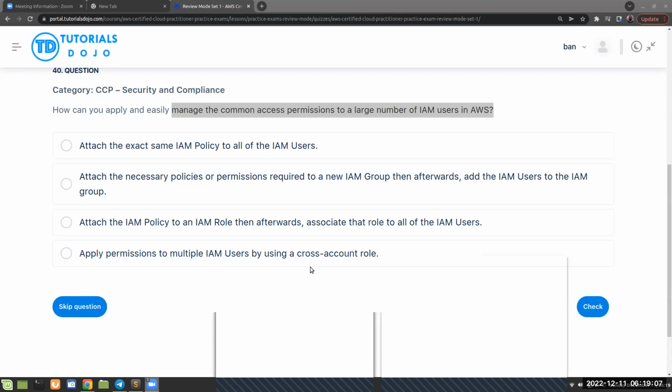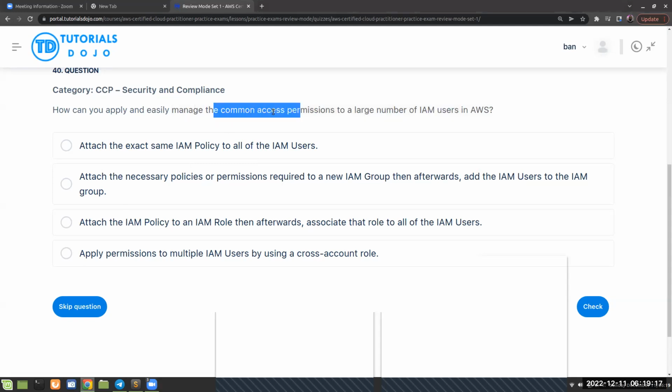I'll go for C. Okay, you say C. You are managing common access permissions to a large number of IAM users in AWS.